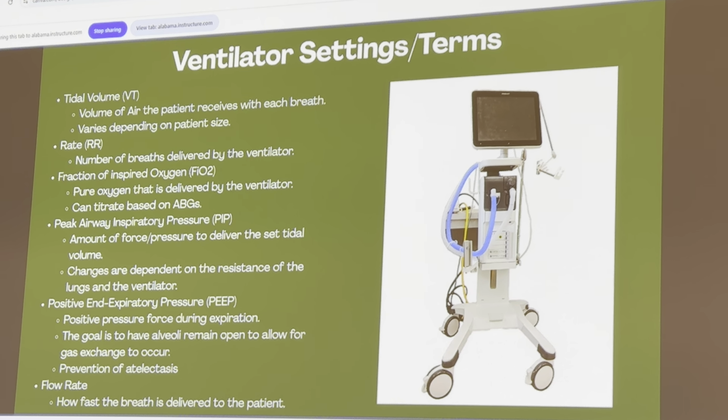If I don't have enough PEEP, then I start to lose my alveoli recruitment, and my alveoli start to get a little bit sticky. They collapse down on themselves, something called atelectasis. And so I cannot use those alveoli in that oxygen CO2 gas exchange.